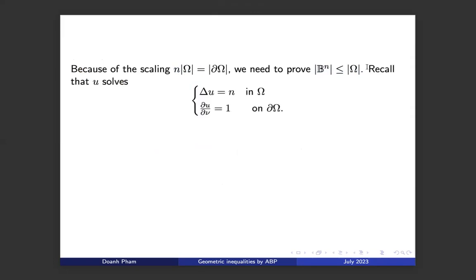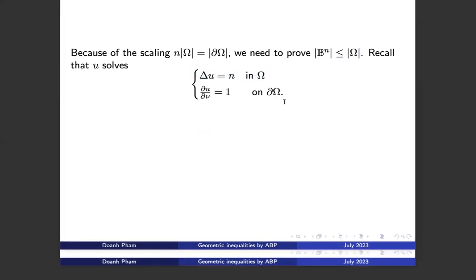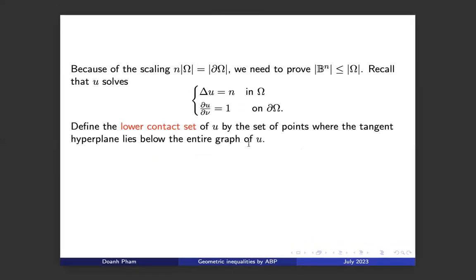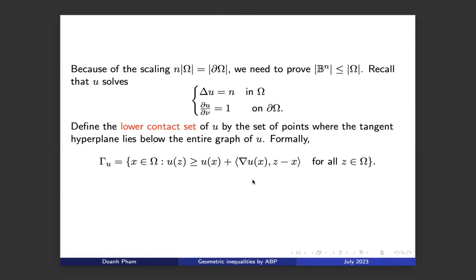We recall that U solves the equations. Then we define the lower contact set of U, which is the set of points where the tangent hyperplane lies below the graph. Formally, it is given by this.